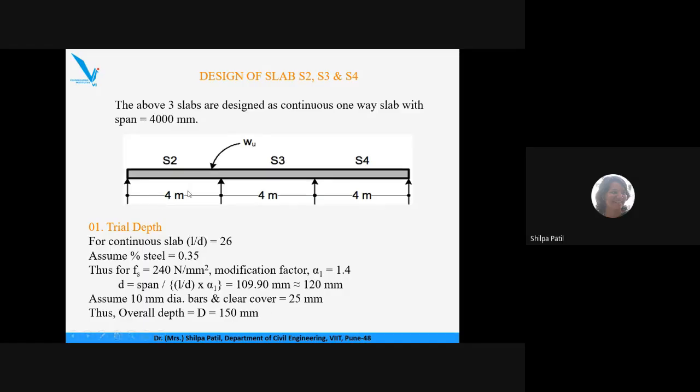Otherwise, the centering for this slab, then the second slab, third slab will be different if we go for different depths. So practically this becomes difficult or complicated. To avoid that complication and to make the practical implementation easy, we provide the same depth all over the slab in case of continuous slab.